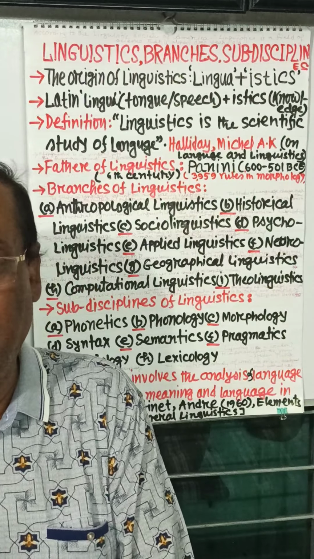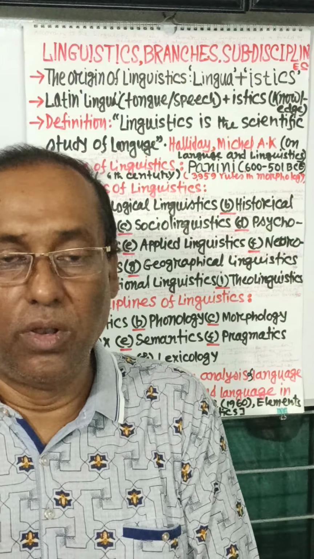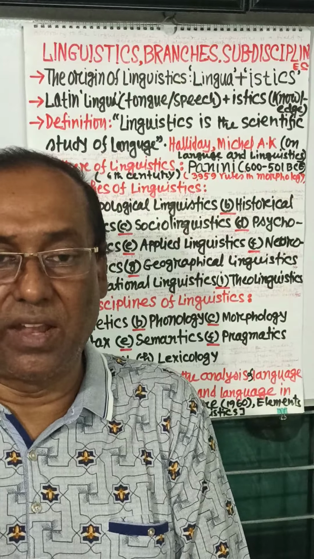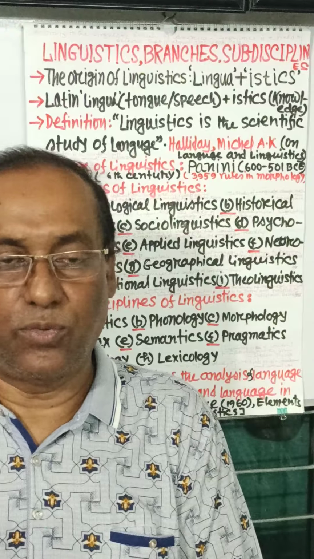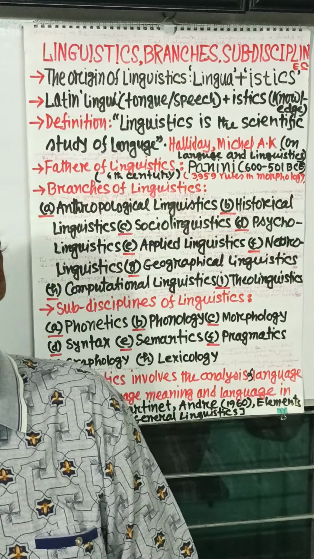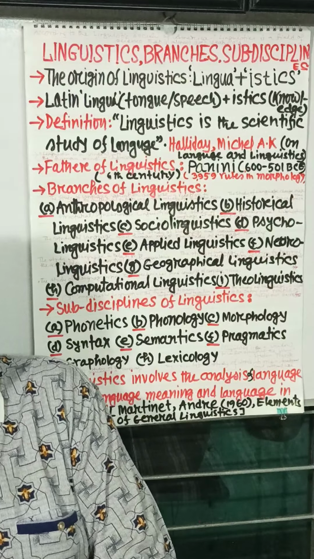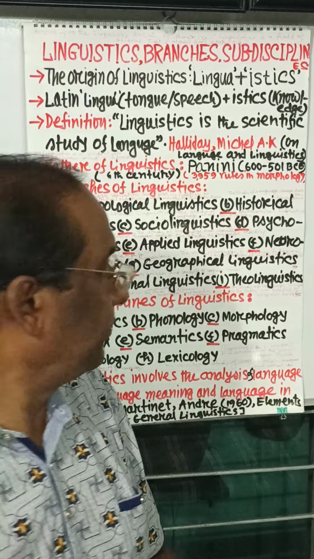Human brain plays an important role in the function, in the activities and control of language. And this branch discusses this relation between language and brain.